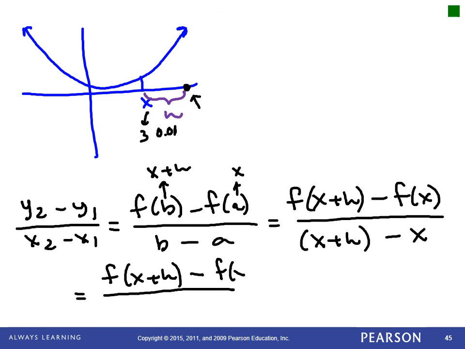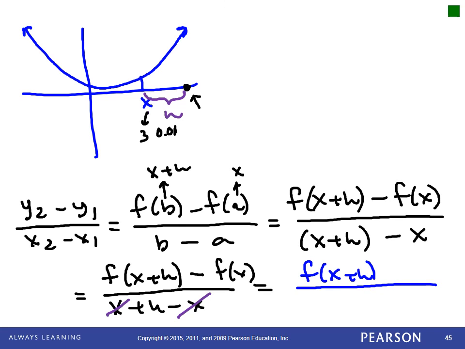But the bottom? Doesn't the x's go away? You can drop the parentheses completely. And then you got yourself, these 2 x's are gone. So final formula: f of x plus h minus f of x over h.